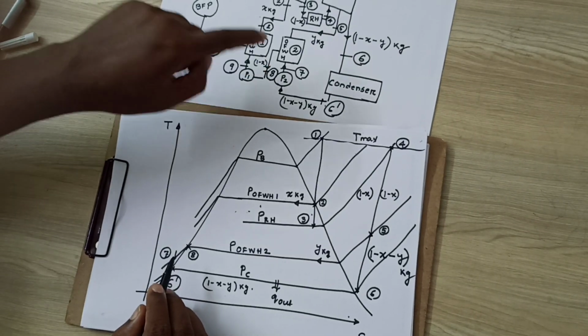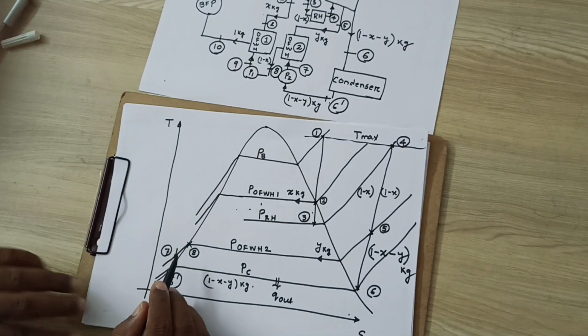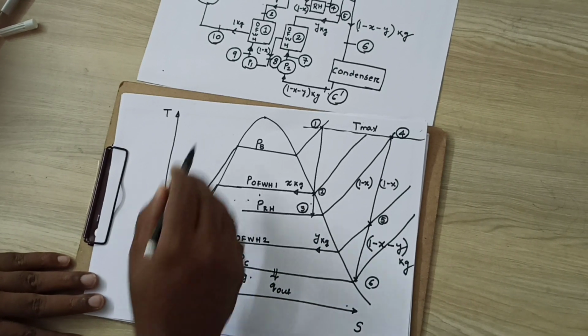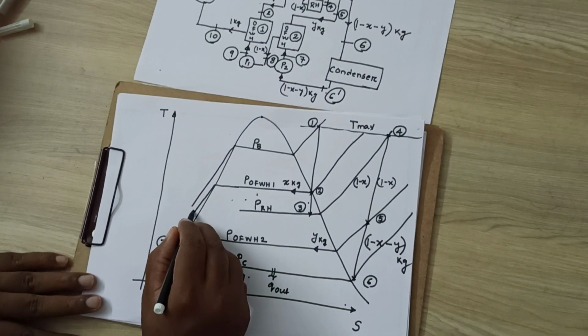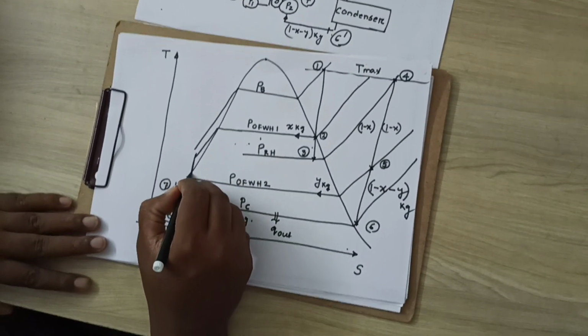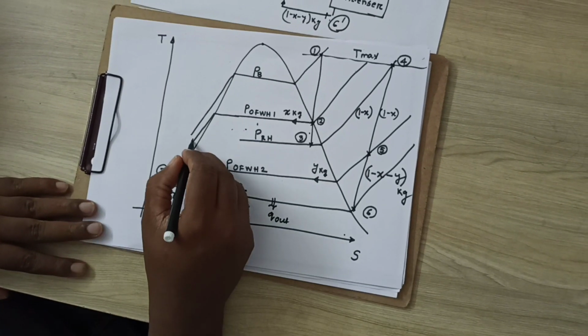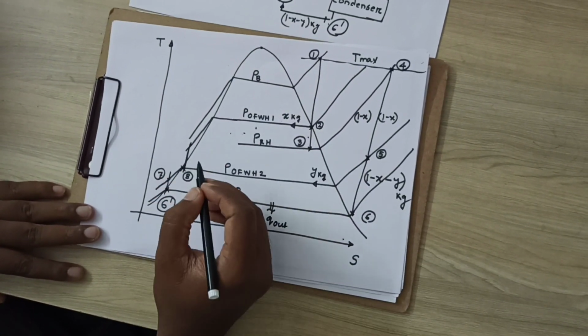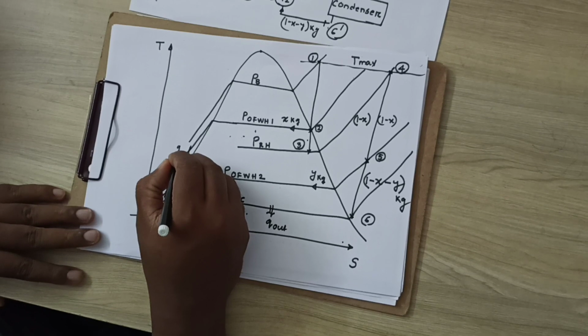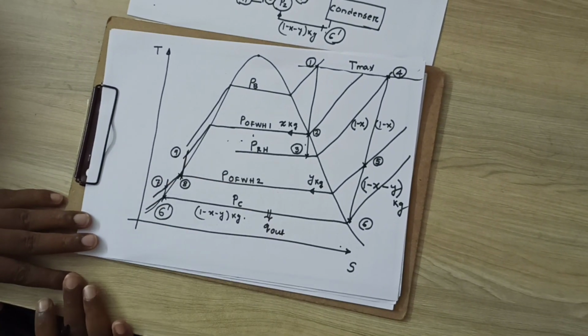From state point 8 to state point 9, state point 9 is on the OFWH1 pressure line. So again I go for a vertical isentropic pumping line, and wherever it intersects the OFWH1 pressure line, that is state point 9.